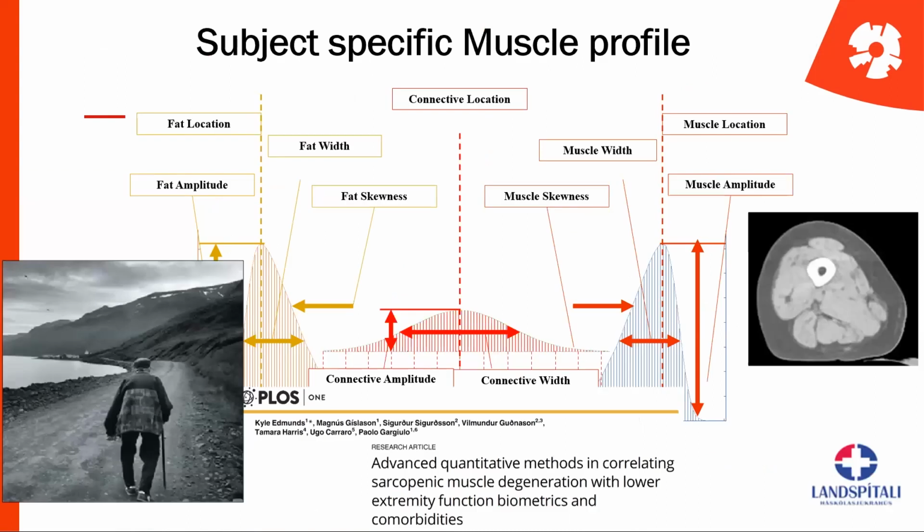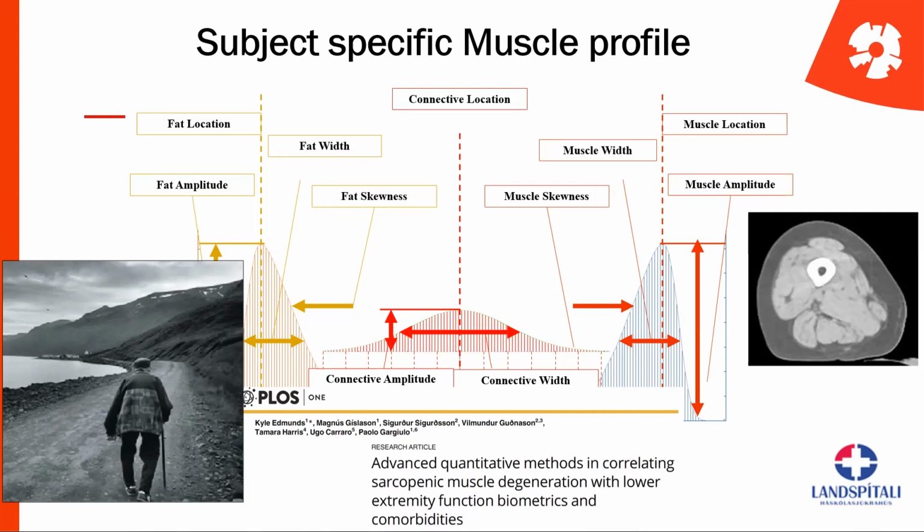Based on these findings, we have created a profile that accounts for all these properties of this three-modal distribution, which is based on three Gaussians that summarize the content of muscle, connective tissue, and fat. The next step was to validate this profile on large cohorts.